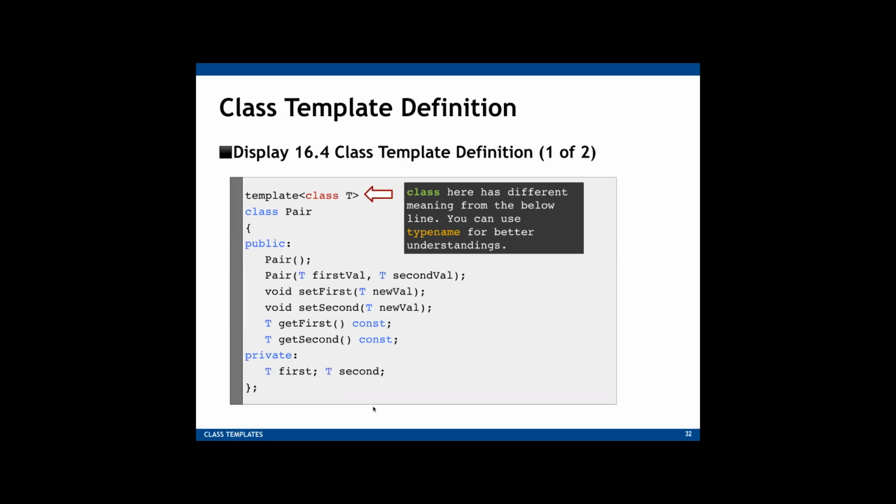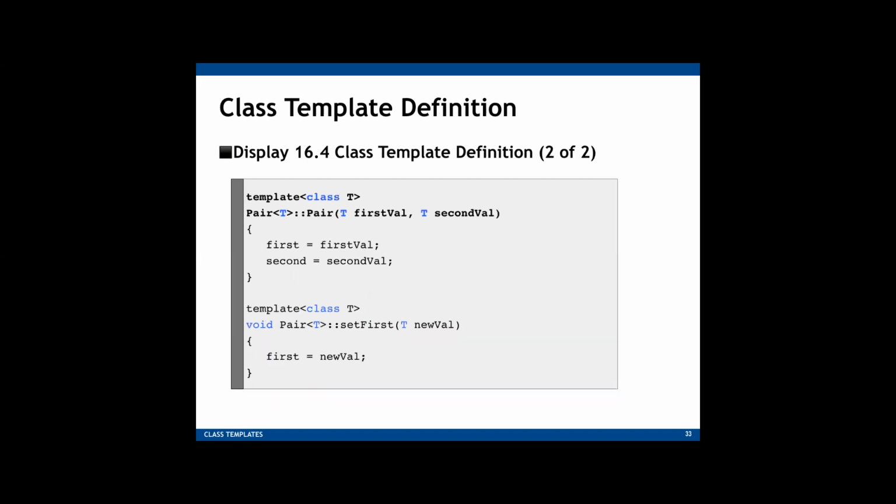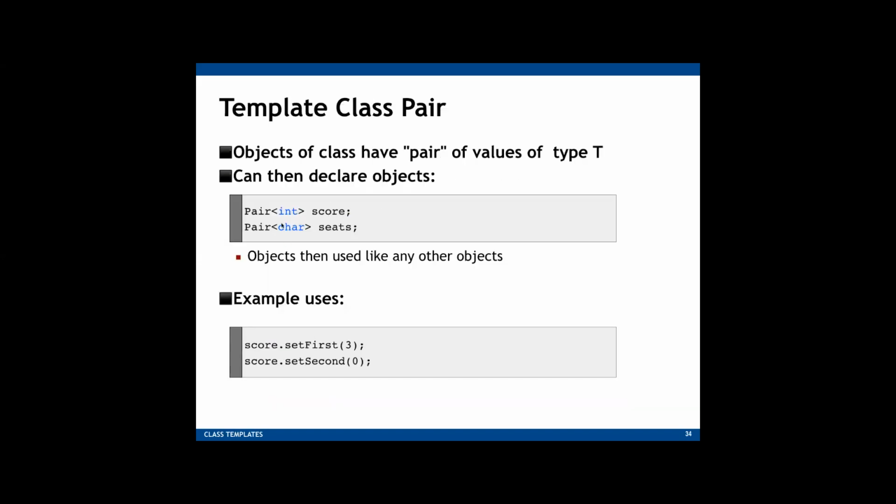So the first object will store the two int type values in the first and second member variables. The second object is a char, so T will be changed to char, and the sit object will store two character type values in the member variables first and second.